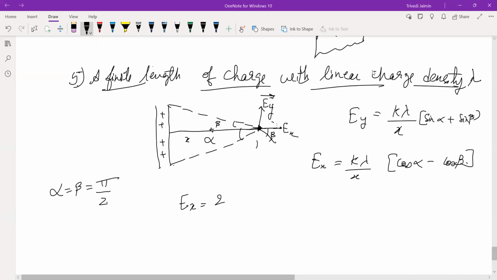So we have to change this one also. So Ey equals 2K lambda by x and Ex equals 0. Now any problem here? Is it correct now? Yeah, I guess so. Okay.